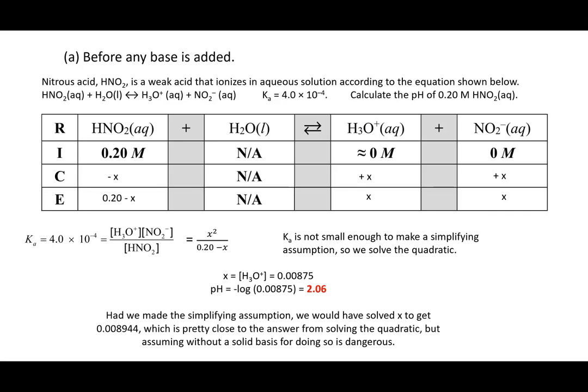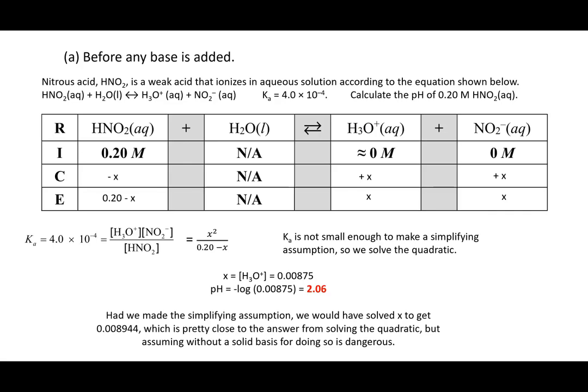But had we made the simplifying assumption, we would have solved X and gotten 0.008944, which is not very different from the actual value, but we made an assumption without a solid basis for doing that, and that's going to get you in trouble. So we want to avoid making assumptions that we can't back up with fact. This is one where we cannot, so we don't. And we get 2.06 for the pH.